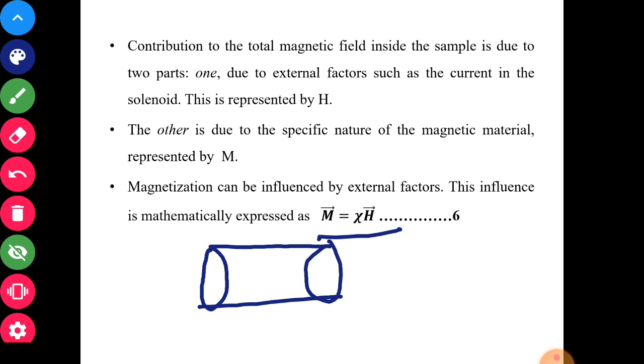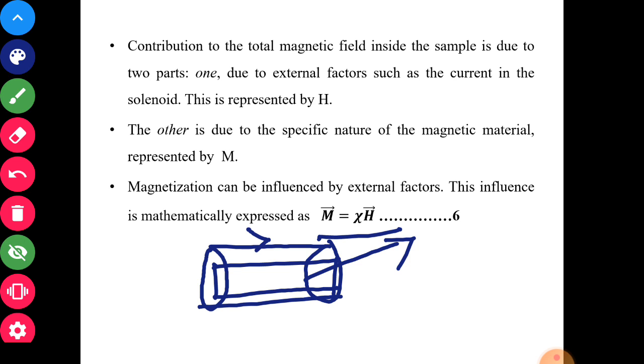When you place the substance here, the magnetic moments of the orbital electric currents are in different directions. Now when you pass the electric current through the solenoid, they will try to come into one particular direction, and they will produce a net magnetic moment in this material in one particular direction.